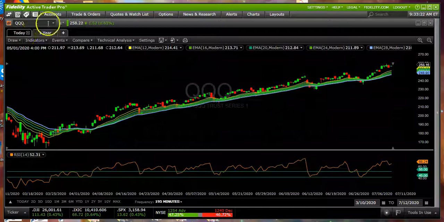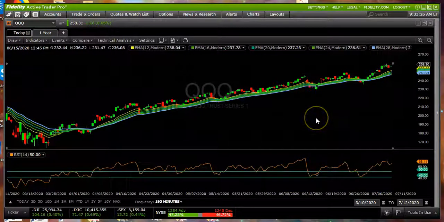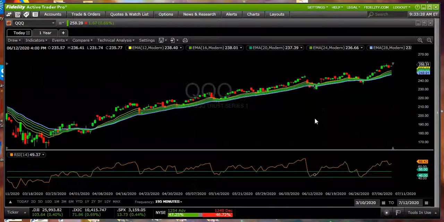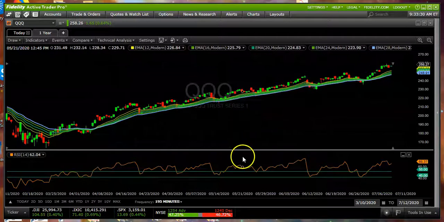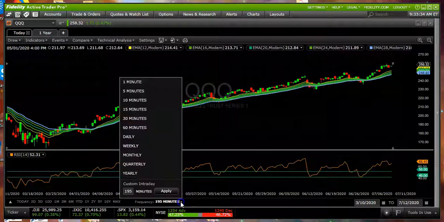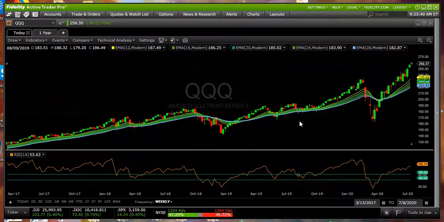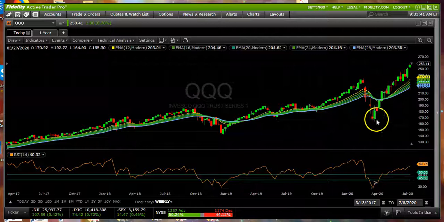And every time with the Qs, especially with the NASDAQ tech stocks, we've been reaching new highs. Now, you could, in fact, move to a larger time frame as well to see what's going on here. You can go to a daily chart, or let's try a weekly chart. And you can see here was the pandemic.